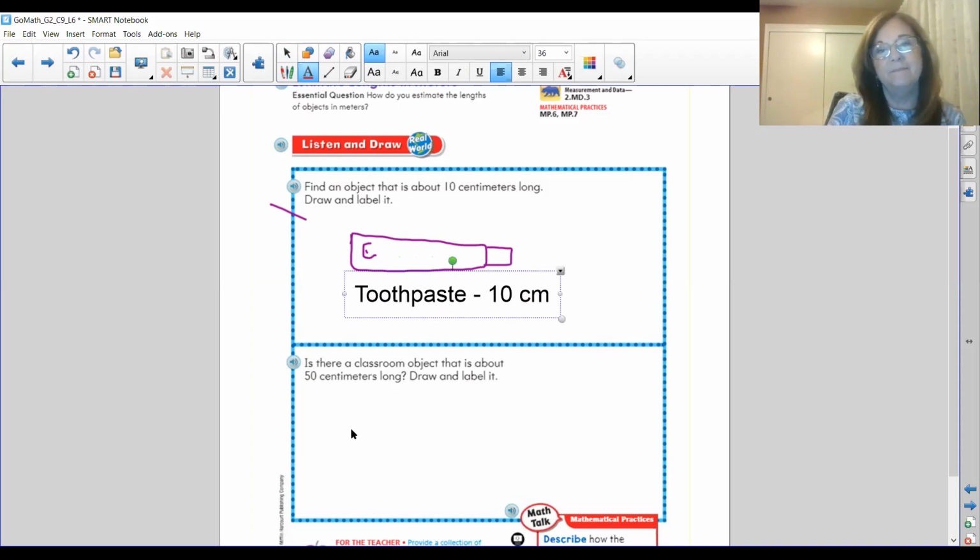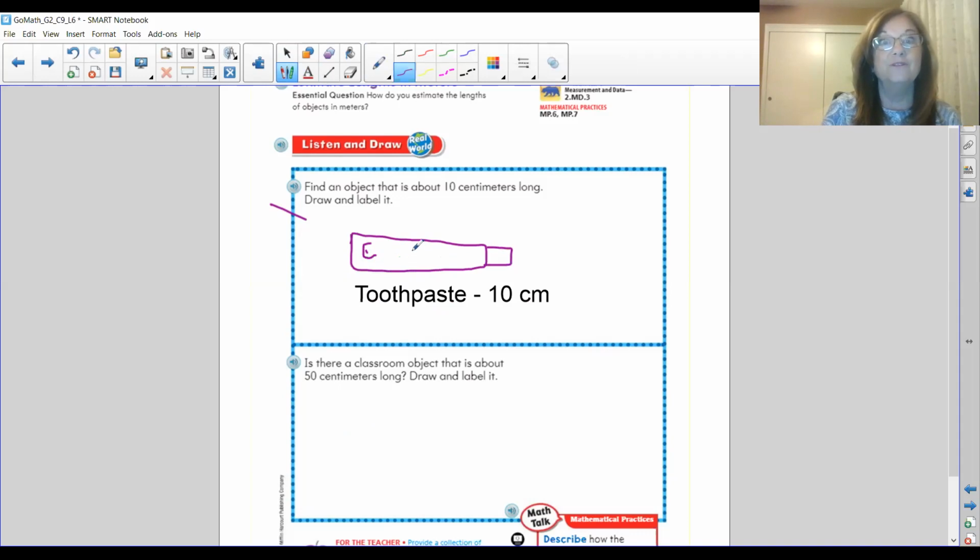And then let's see, down at the bottom, I think I will draw the fly swatter, because the fly swatter was the first thing that I found that was 50 centimeters long. Okay, so here's the part that swats the fly, and along with the handle.